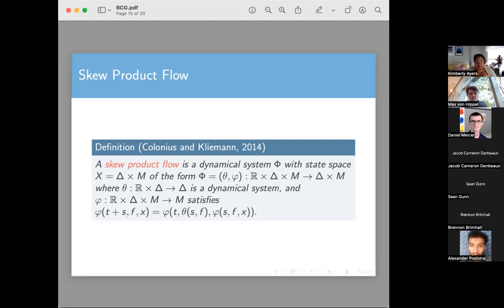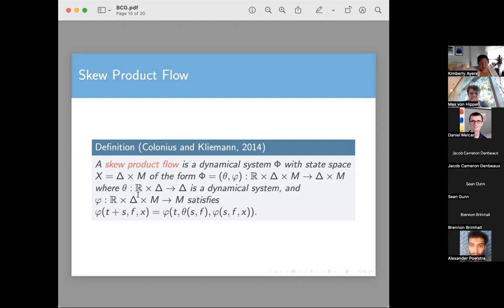Whatever that switching is, that's where I consider those two things running parallel to each other. The fancy name for that is the skew product flow, and that's all that I'm saying here: I've got these two systems that run parallel to each other. But one system is independent, does its own thing.